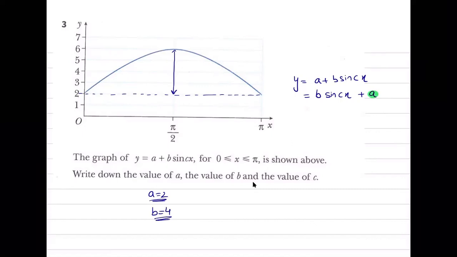Now tell me, how would you get the value of c? Sir, pi is 180, right? Yes, pi is 180. So that means it's 360 divided by 2 for 2 periods.